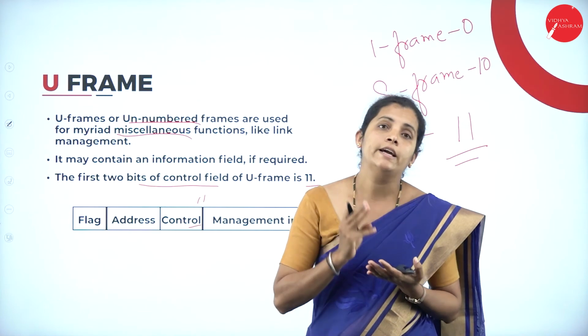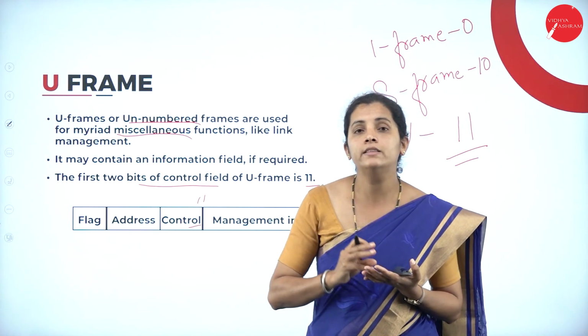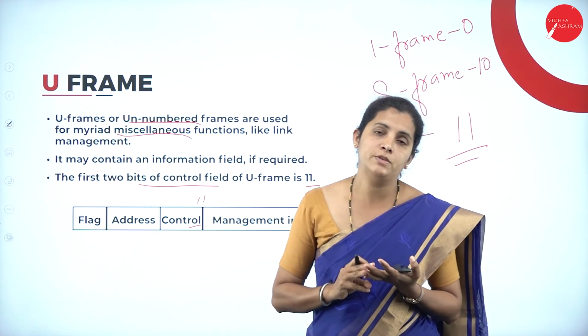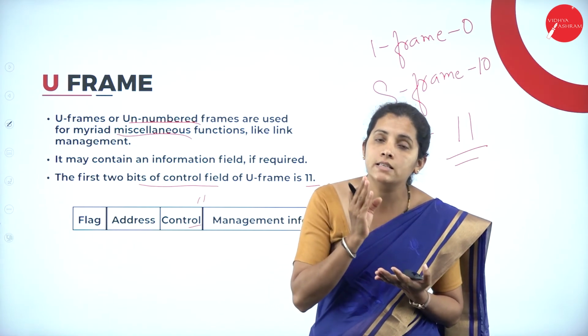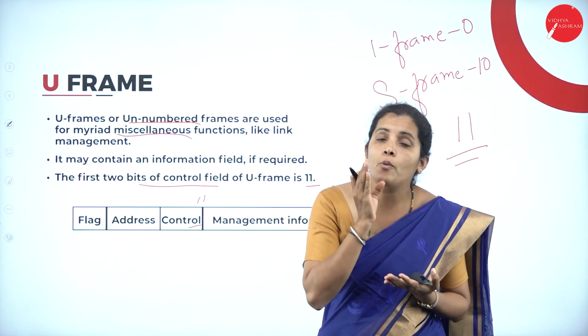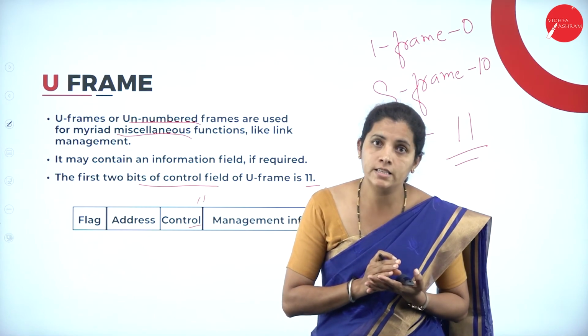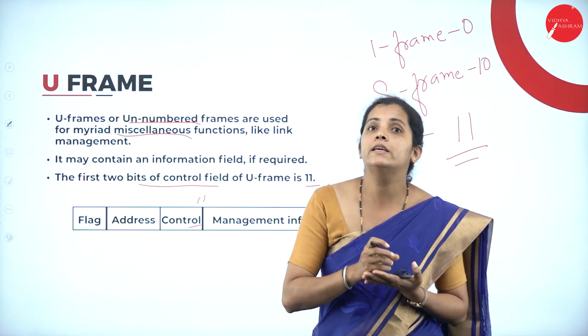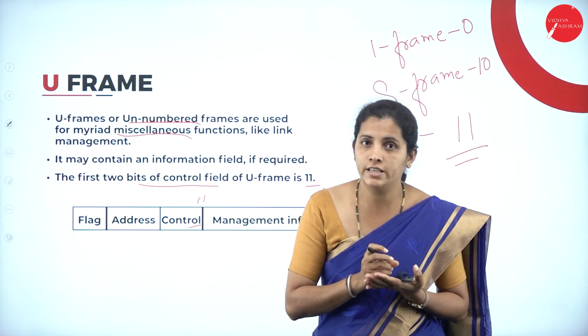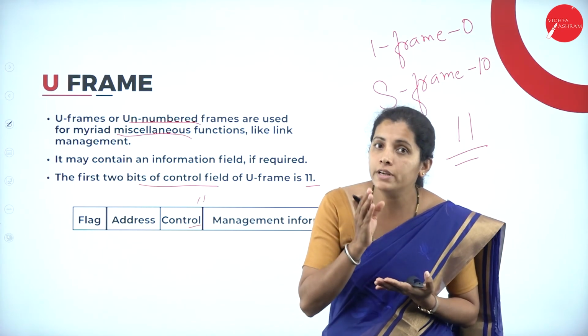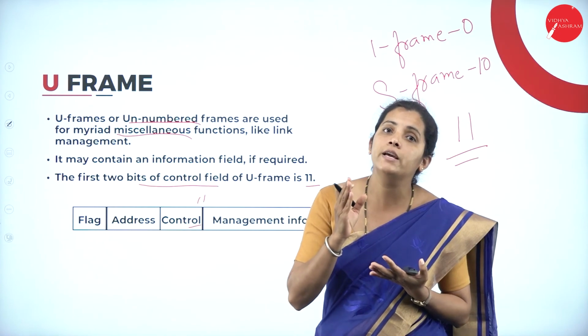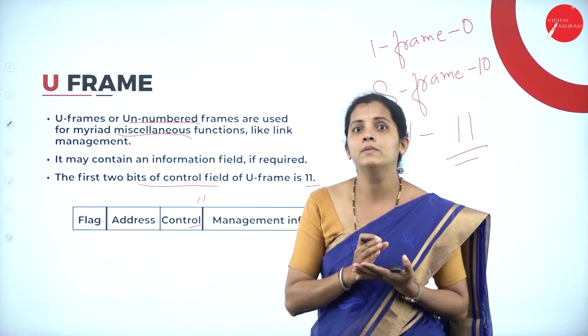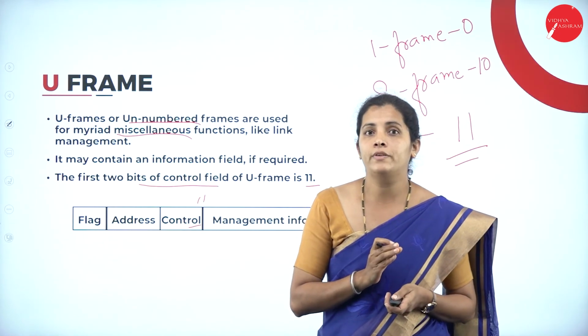Under HDLC we studied the 2 types of transmission modes, and we discussed the frame format of HDLC. Then we discussed the types of HDLC frames: the information frame, the supervisory frame, and the unnumbered frame.